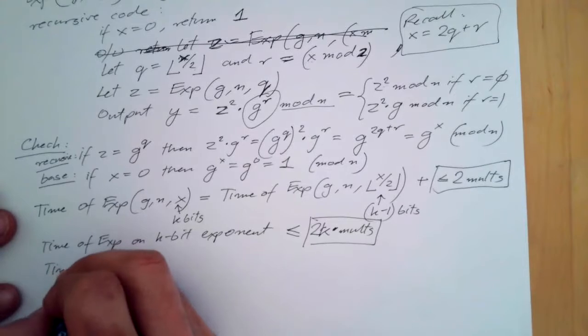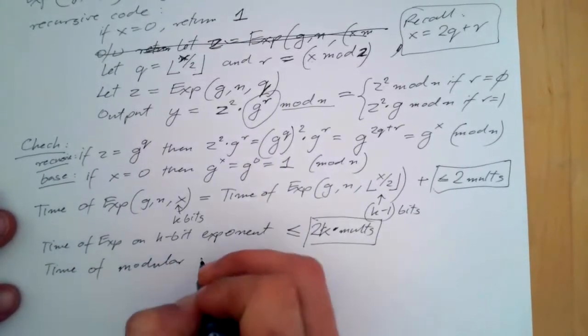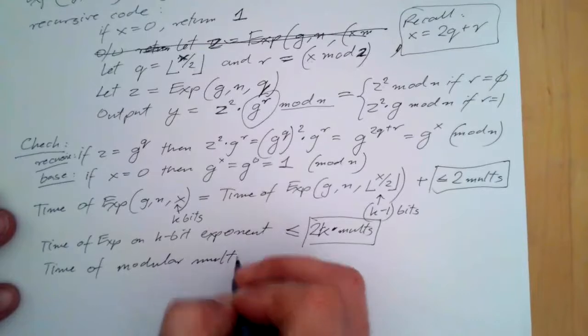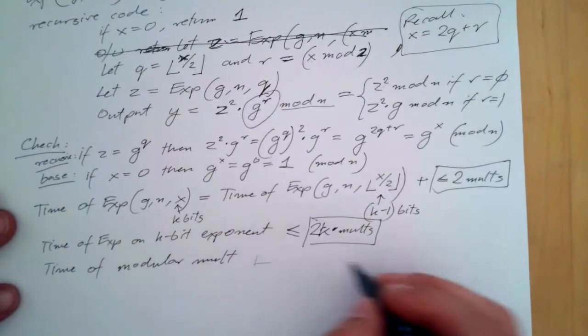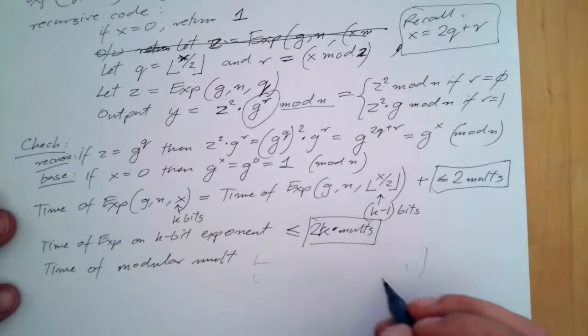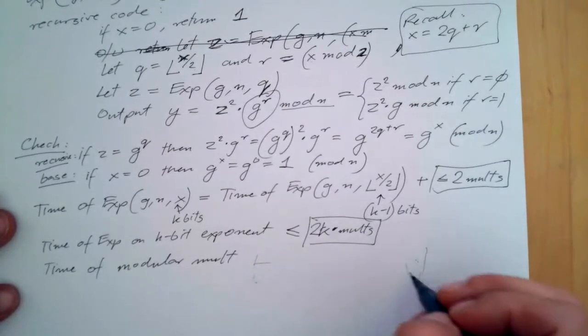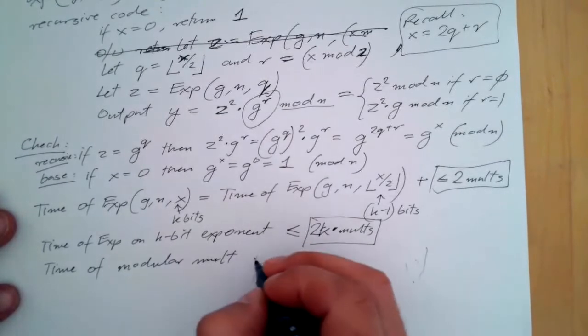So this is efficient because of the time of a modular multiplication. If the modulus is very large, the easiest algorithm would be quadratic in the size, because you cross multiply everything.